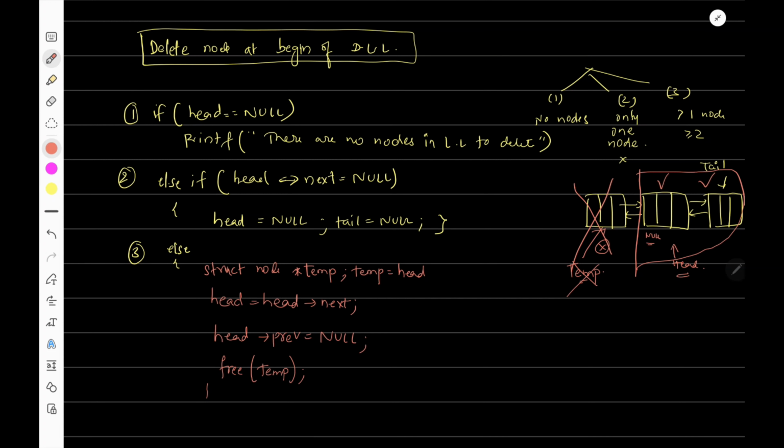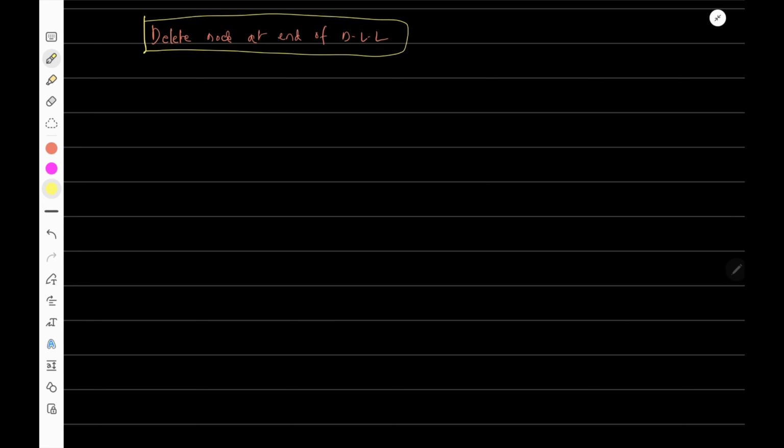And now we will be looking at delete node at end of double linked list. Here also we will be taking the 3 scenarios for deletion: there are no nodes, there is a single node, there is more than one node.